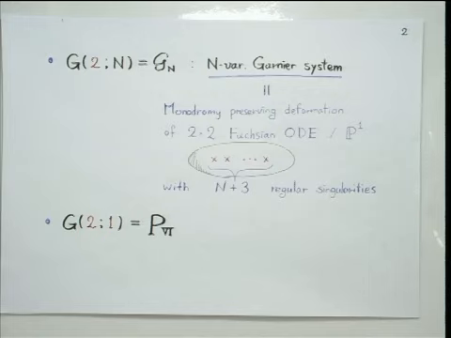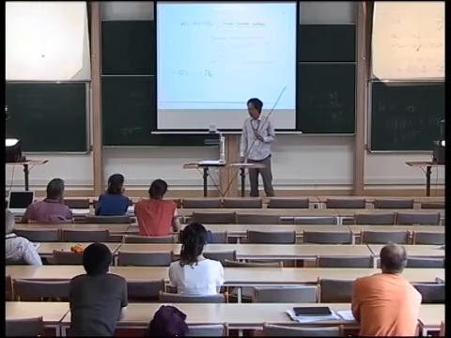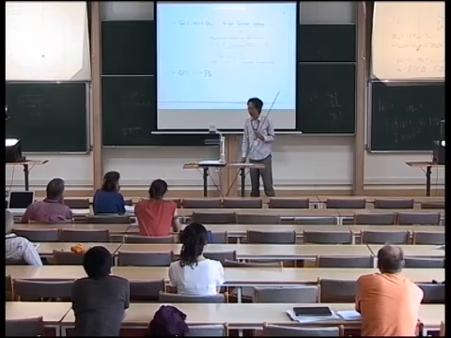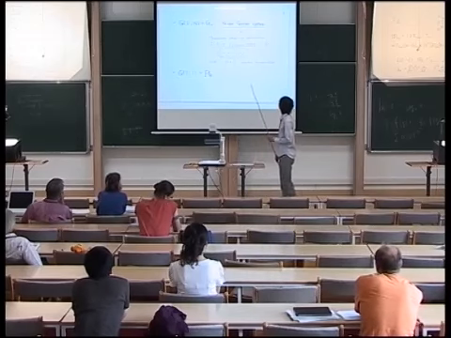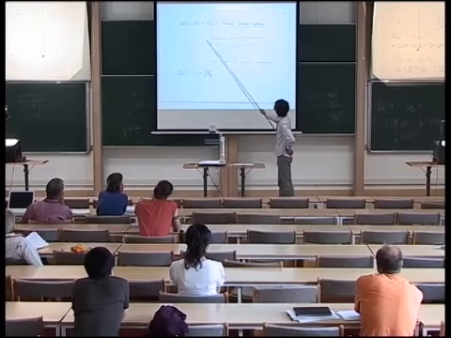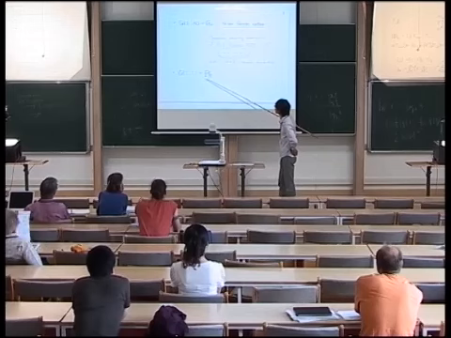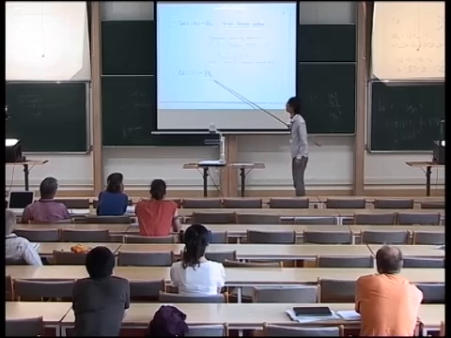And what is the Garnier system? The Garnier system is a nonlinear evolution equation which governs a monodromy preserving deformation of a 2x2 Fuchsian system over a projective line with n plus 3 regular singularities. Moreover, if we set n equals 1, then this is nothing but the sixth Painlevé equation.